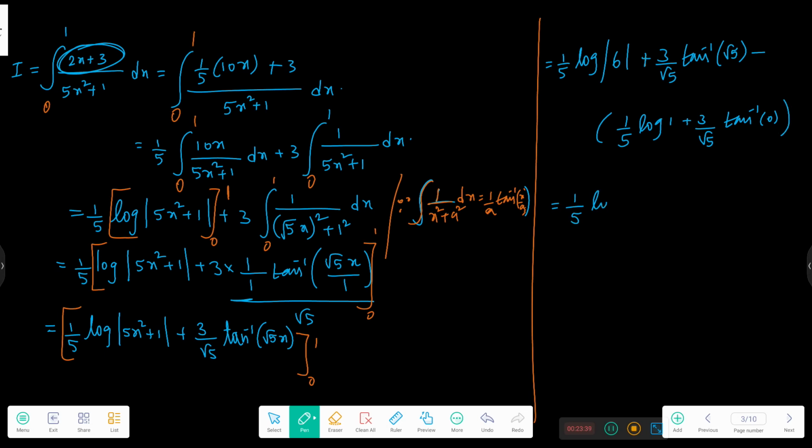So 1 by 5 log 6 plus 3 divided by root 5 tan inverse root 5, minus 0. If you want, write one more step. Which is equal to 1 by 5 into log 6 plus 3 divided by root 5 into tan inverse root 5.